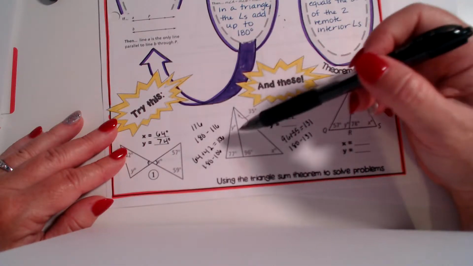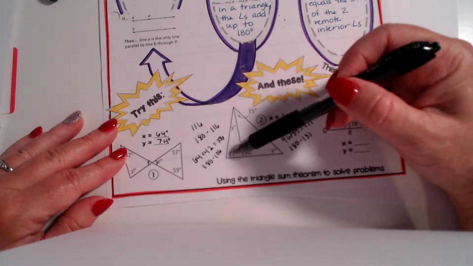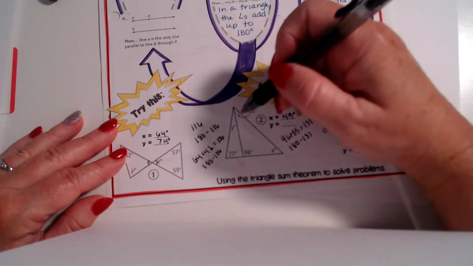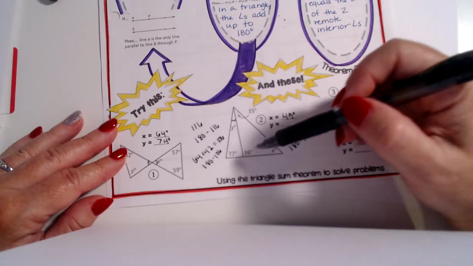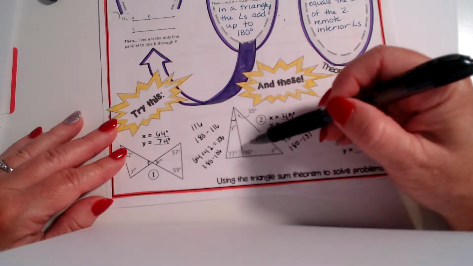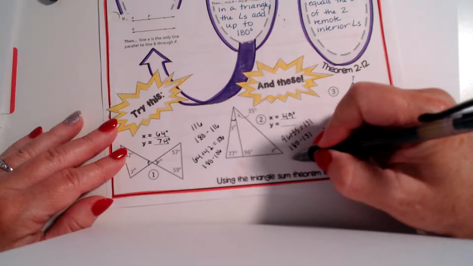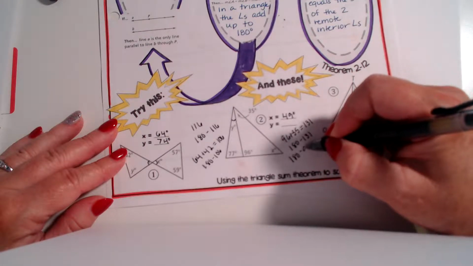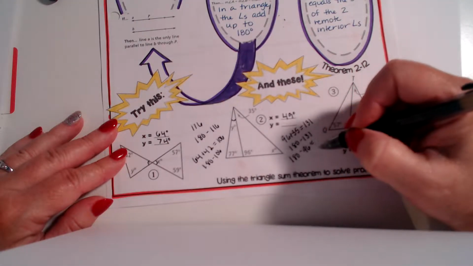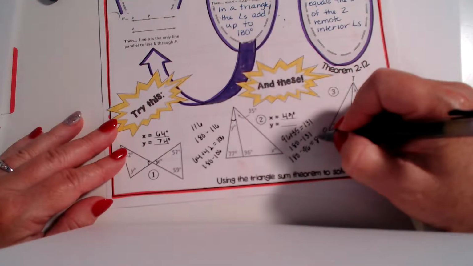Okay, in order to find y, we're only given this one angle, and then y is this angle right here. But knowing that this is a linear pair, we can take 180 minus 96, and that's going to give us 84.